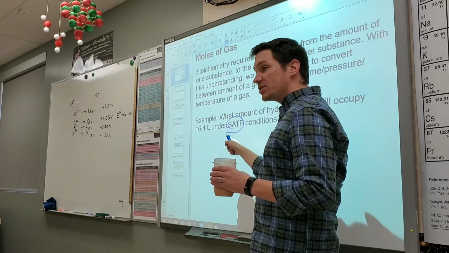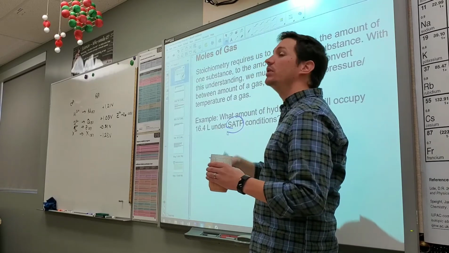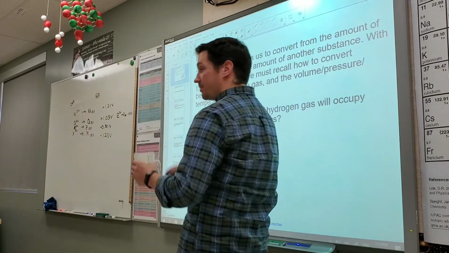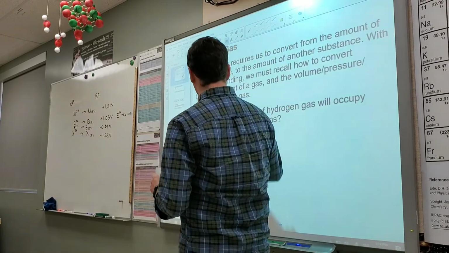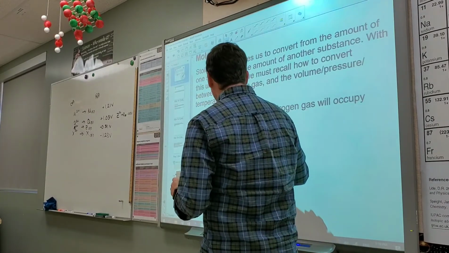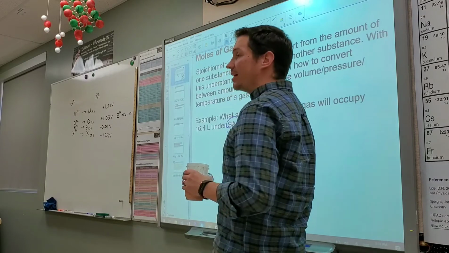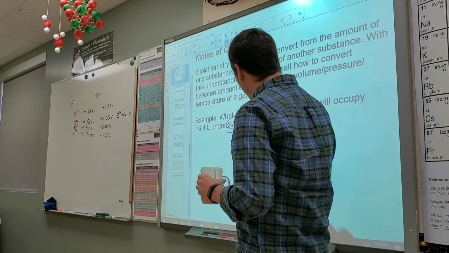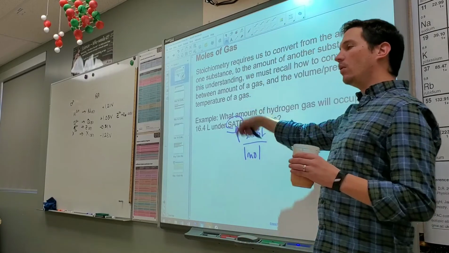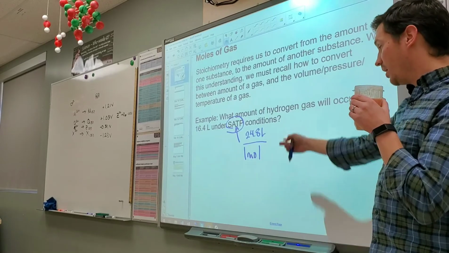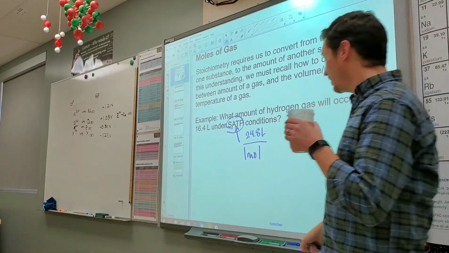What is the relationship at SATP between moles and anything else? Moles and liters, what is it? 24.8 liters. Good. This means every 1 mole of gas occupies 24.8 liters. So if you wanted to get moles out of this, put moles on top and cancel out liters, right?